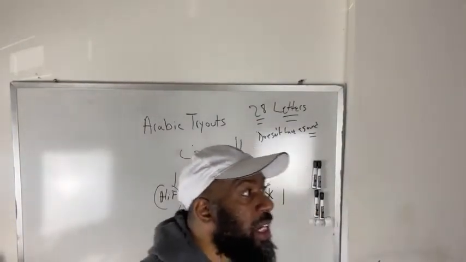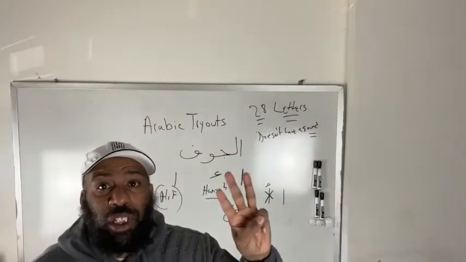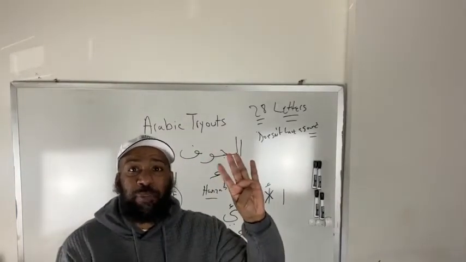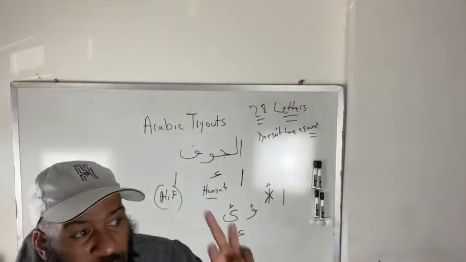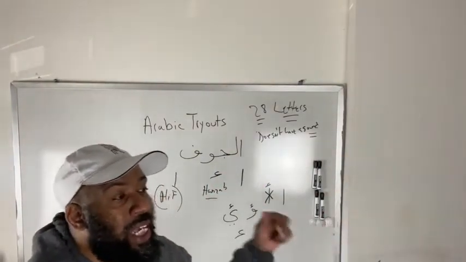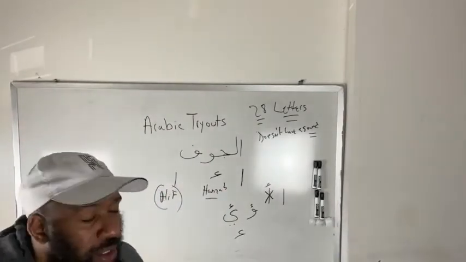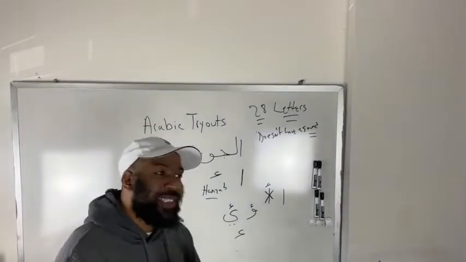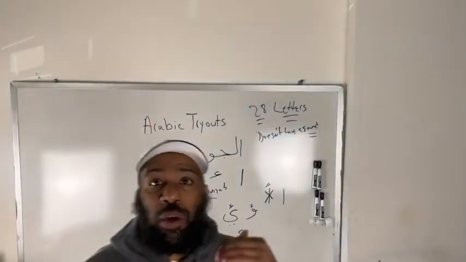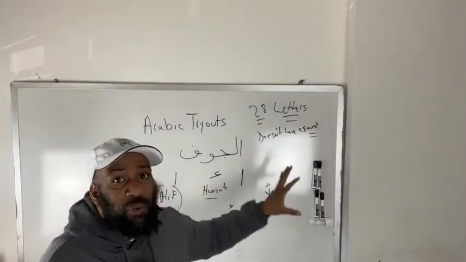Sometimes a letter might have 3 forms, 4 if you count the independent form. When we say 3 forms, meaning it might have a beginning form, a middle form, and an ending form. However, Aleph does not have a beginning form. One of the rules is that it can never start at the beginning of a word.